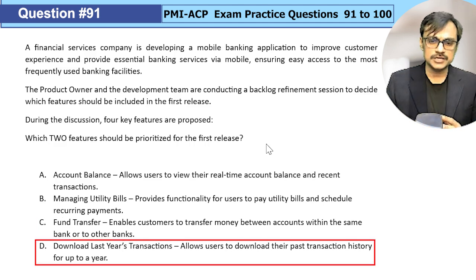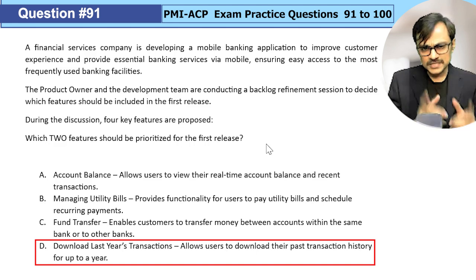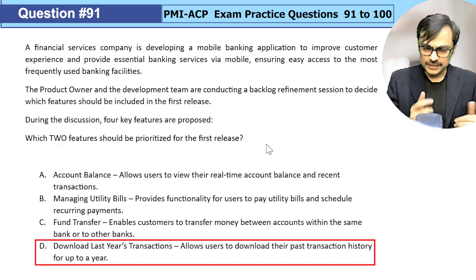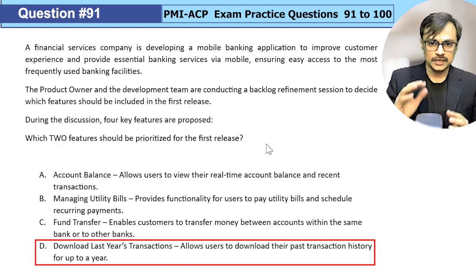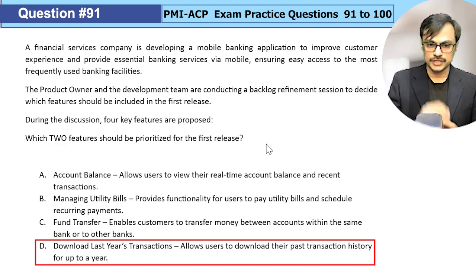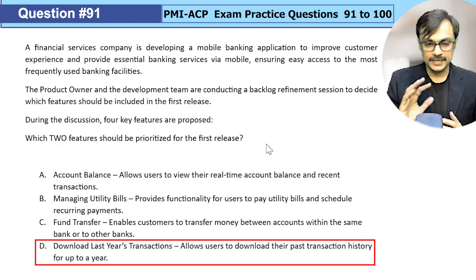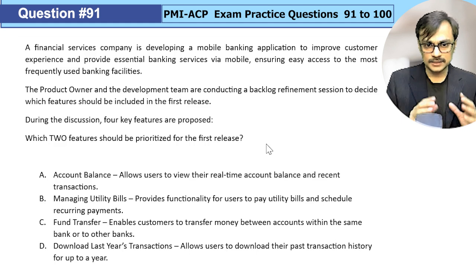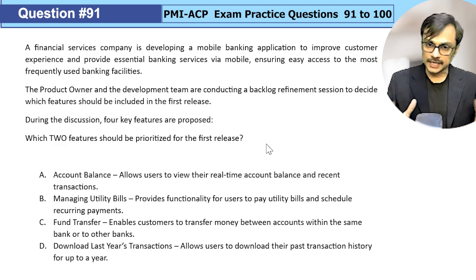Download last year's transactions. Allow user to download their past transaction history for up to a year. So special focus on 1 year. Maybe with the mobile access, I am good with taking care of the last few transactions only. I don't need the 1 year history. So I think I need to choose between A, B, and C. And I understand that B is focusing on utility bills, which may be an important feature, but may not be accessed by a good percentage of my target audience.